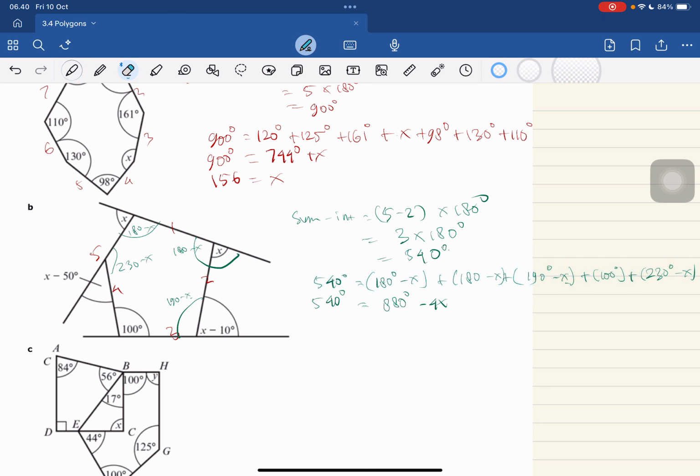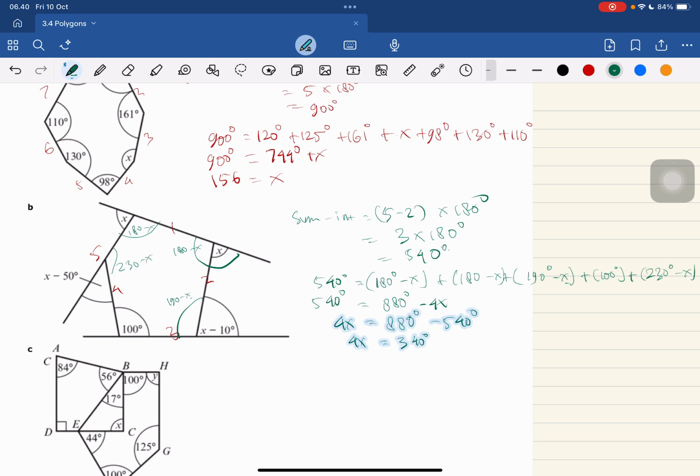So 4x equals 880 degrees minus 540 degrees. So 4x equals 340 degrees. Okay, we got it.